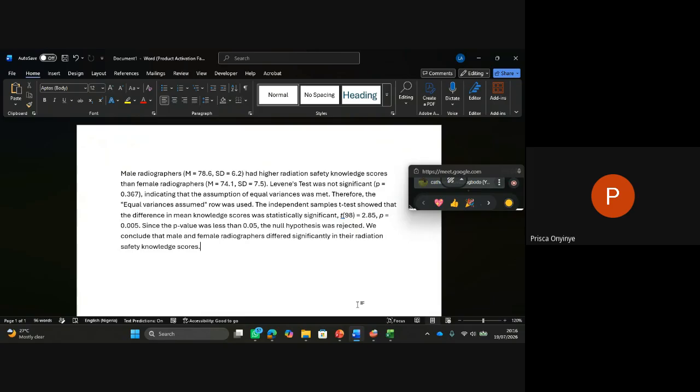It said indicating the assumption of equal variance was met. But this is 0.367, it's more than 0.05. Yes, that's your accepting H0, because H0 would have been that equal variance is assumed. Oh, okay. Thank you. Beautiful. I think it's clear now. Very clear.